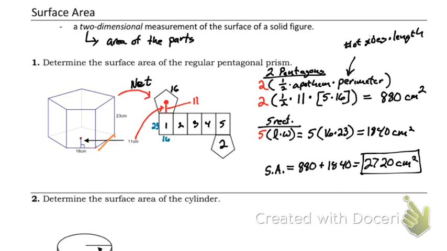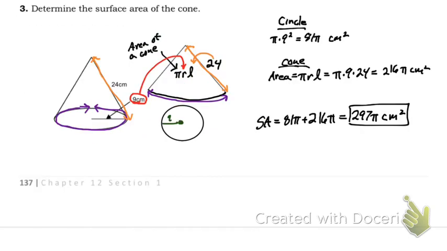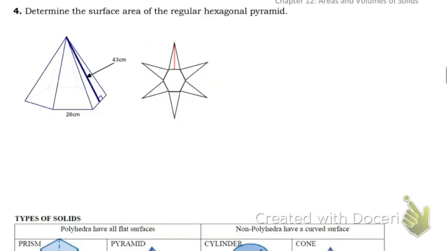A pyramid, just like the pyramids in Cairo, is they're going to come to a point. We start with a polygon on the bottom. That polygon is going to be determined by that word. Hexagonal means that we're going to have 6 sides, and it's going to come to a point. Well, the nice thing about a pyramid is we're going to have one polygon and a bunch of triangles.